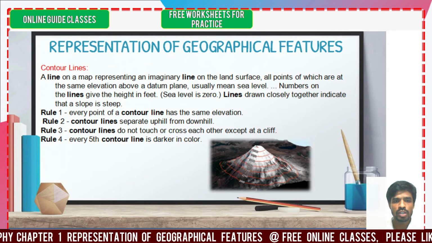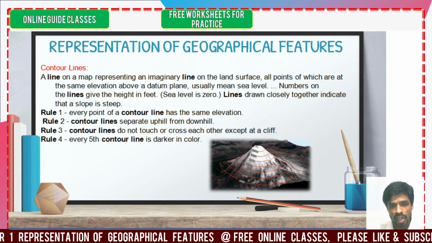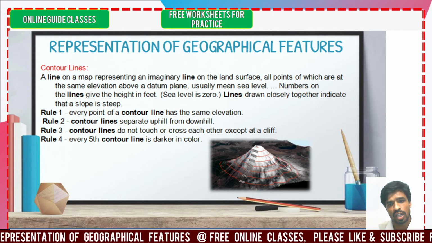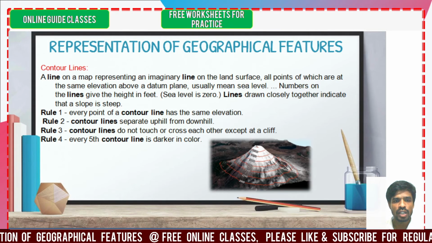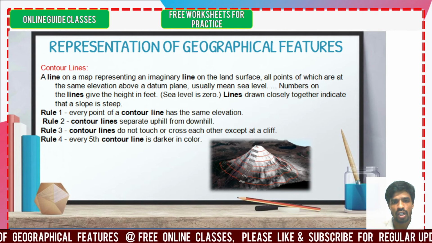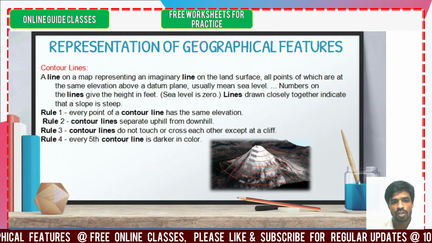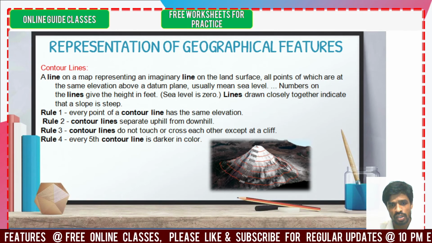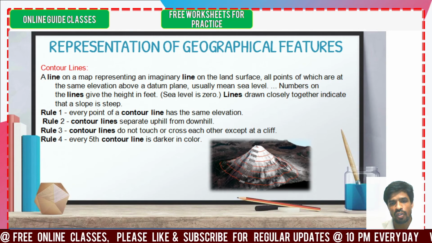Rule number 2: contour lines separate uphill from downhill. So uphill is measured differently and downhill is measured differently, my dear friends. Please remember this. Rule number 3: contour lines do not touch or cross each other except at a cliff. So these contour lines do not touch or cross each other, except on a cliff on top.